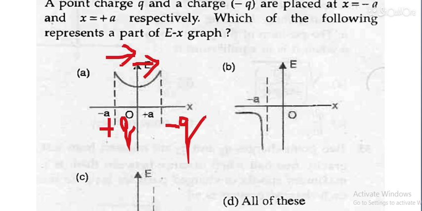That means the electric field will start from the positive y-axis. This thing is clear to me. Electric field will start from the positive y-axis. So this will be the graph.